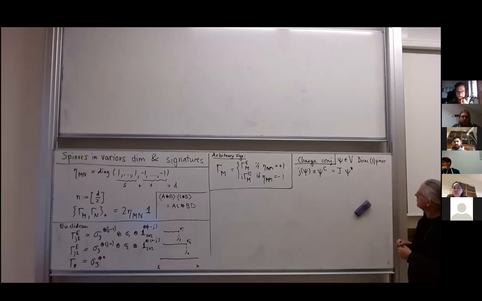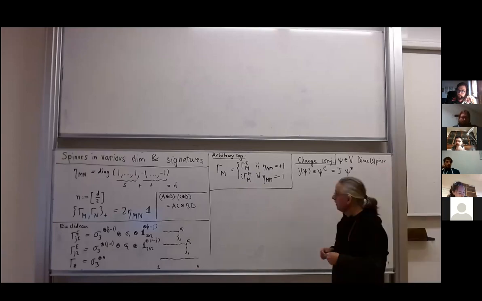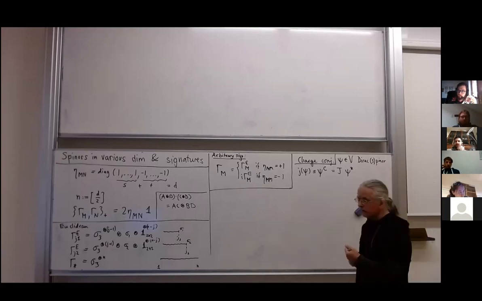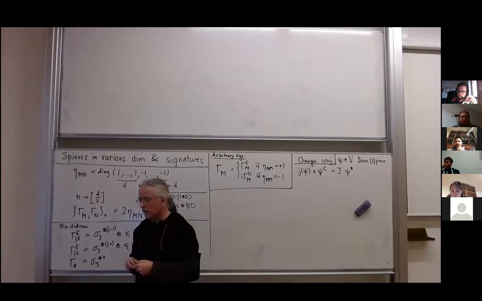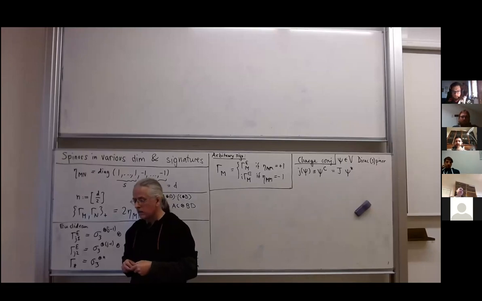Strictly speaking, in general, a spinor is a little bit more general than a pinor. A pinor is also a spinor, but a spinor might not be a pinor. What does that mean? It's just whether it's a representation of the Clifford algebra or of SO, the spin n, right?